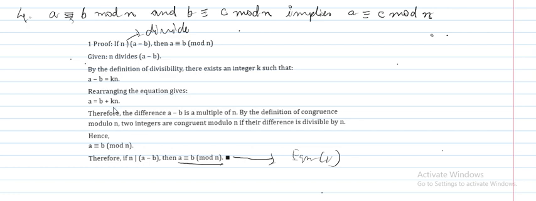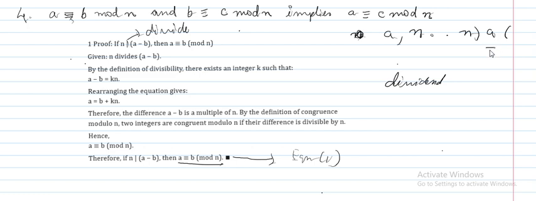Like when we divide a dividend by a divisor, we get a remainder. How do we get the dividend? Suppose let me consider the dividend is a and the divisor is n. So n divides this, right?